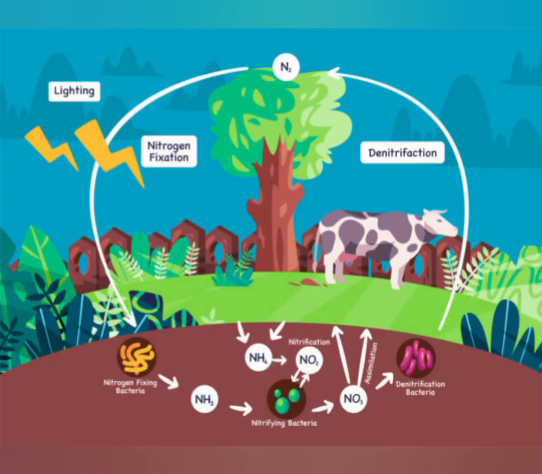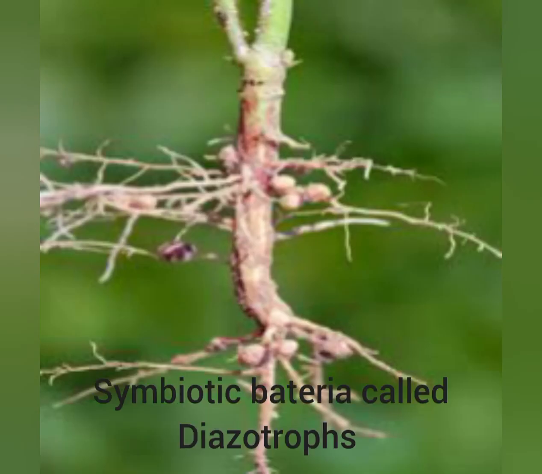The natural way of converting the inert gas, nitrogen, which is present in inactive form in the atmosphere, into a usable form is by converting it into NH3, or ammonia. And how do we do that? That is done naturally by some symbiotic bacteria, specially called diazotrophs.